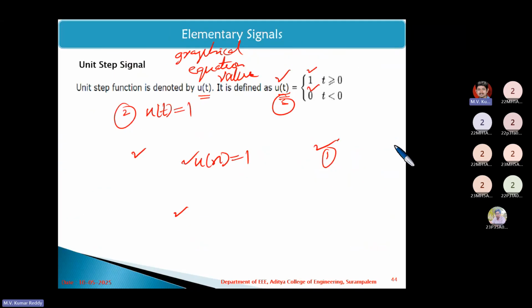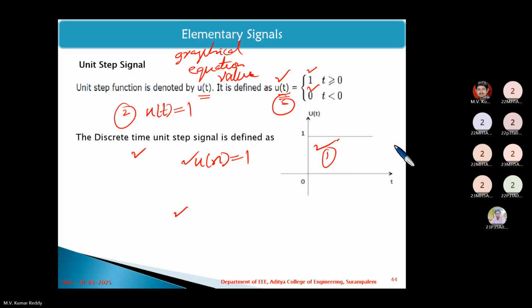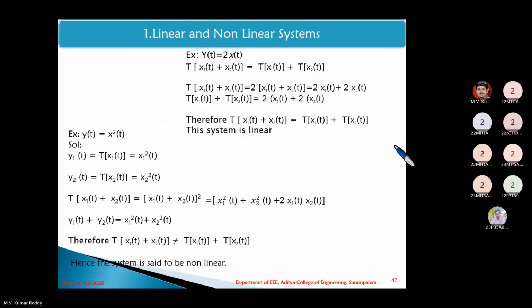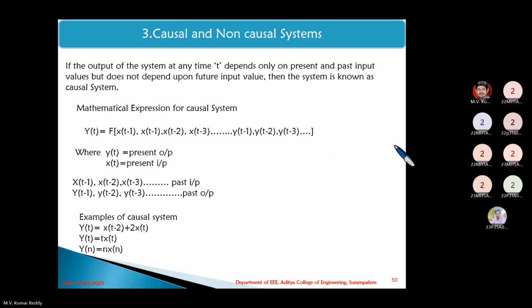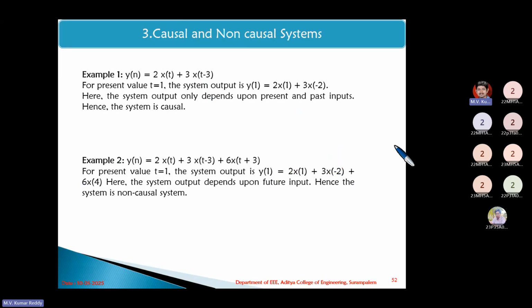Model 3. Okay, model 3 completed. Model 4. Here model 4 belongs to unit 2, that is convolution. Okay, already we know this convolution concept is present in each and every unit. Unit 2, unit 3, unit 4, unit 5.